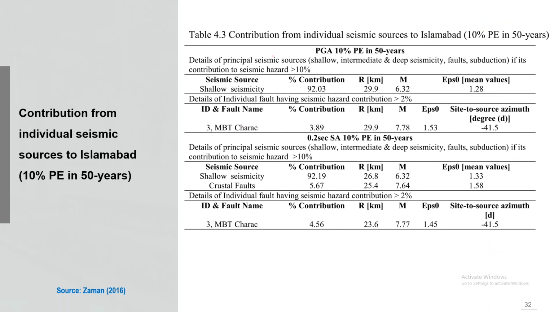So this is the contribution from individual seismic sources for the case of Islamabad, and this is for DBE level. So you can see here that 92% contribution for this particular site is coming from the shallow seismicity, and the M and R pair corresponds to these values, 6.32 and 29.9.